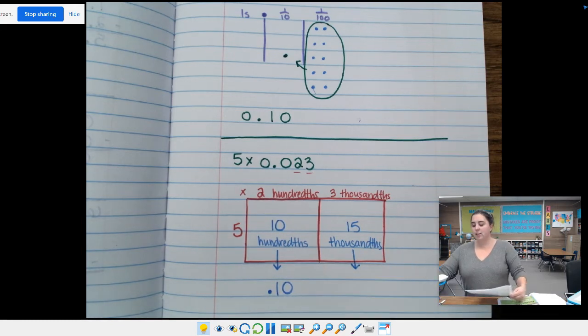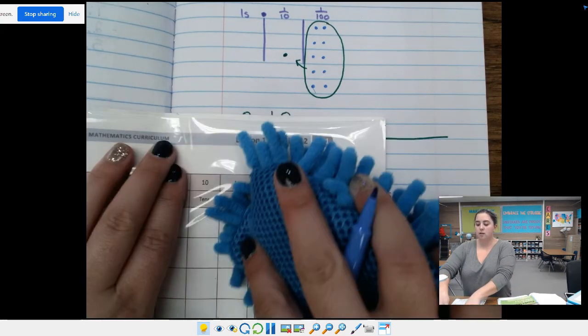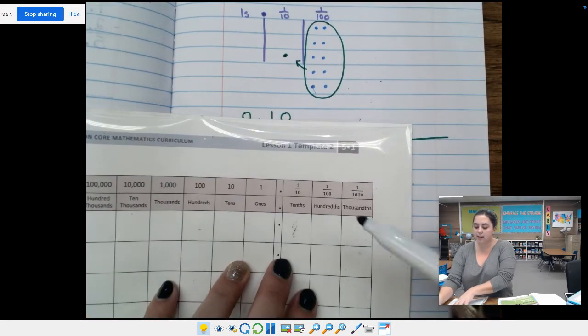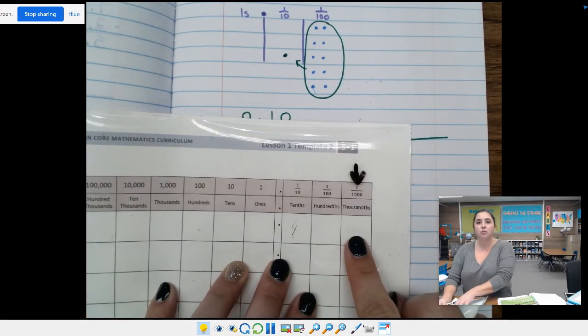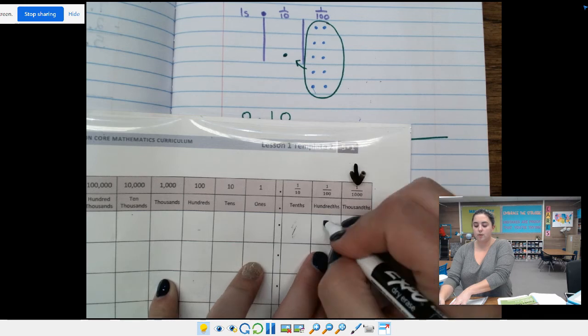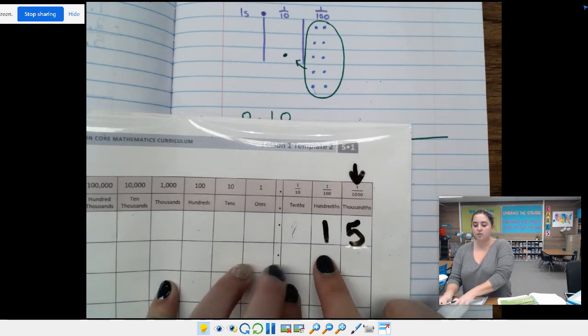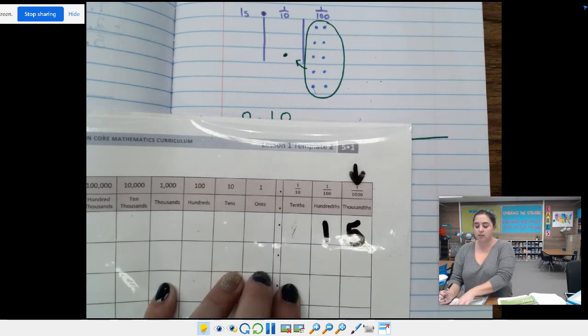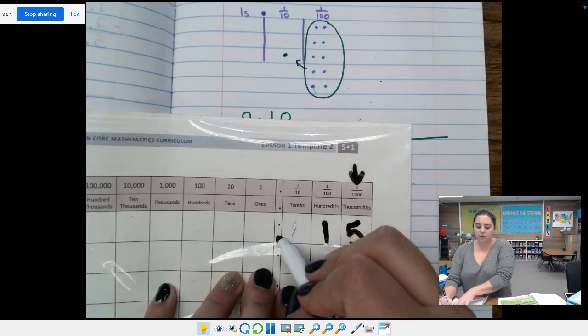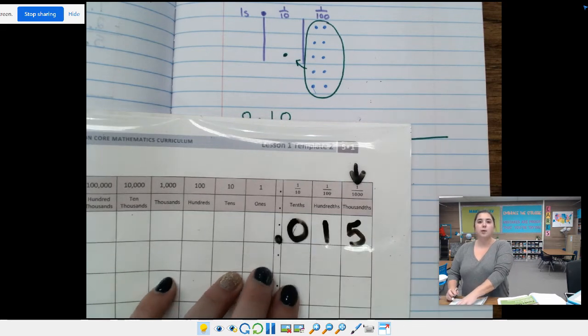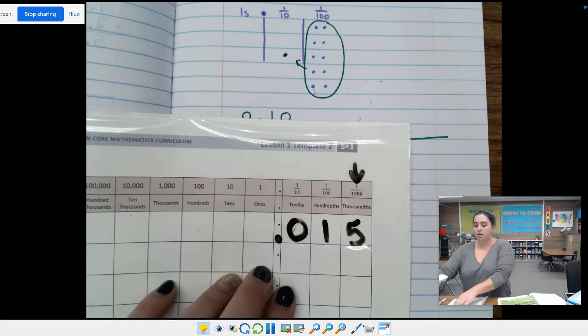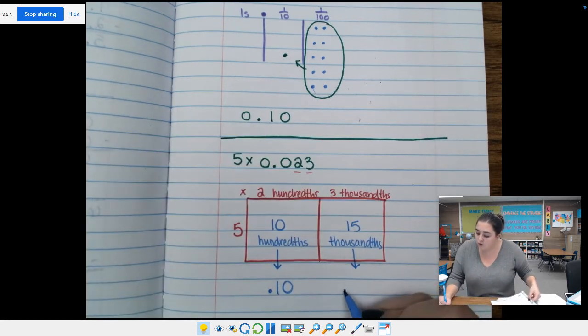Now I have 15 thousandths. So my 15 has to end in this thousandths place. So I'm going to place it here. That's 15, and it's ending in the thousandths. Means I have to add a decimal and a 0 as a placeholder. I will record that here.